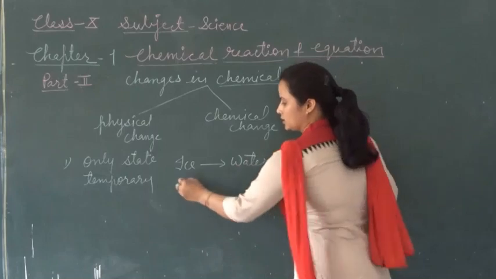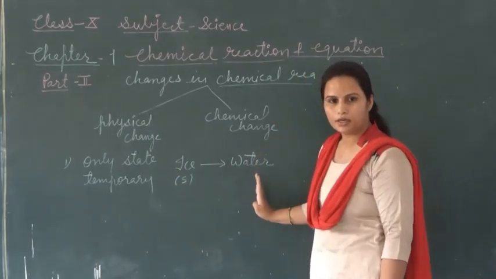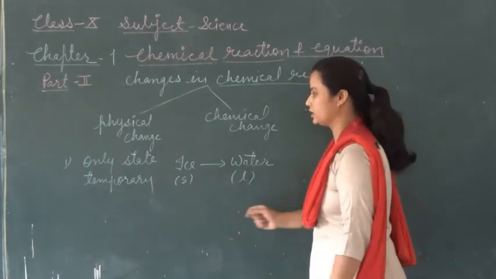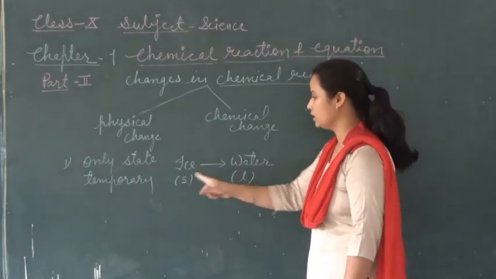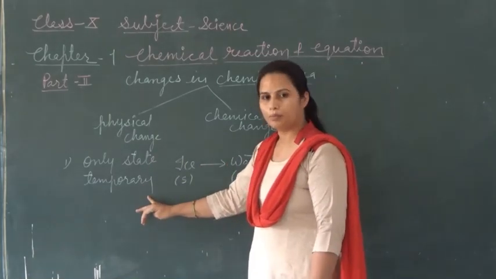Ice is found in solid form; at room temperature it turns into water in liquid state. Only the state changes, solid into liquid. And this type of change is a temporary change.